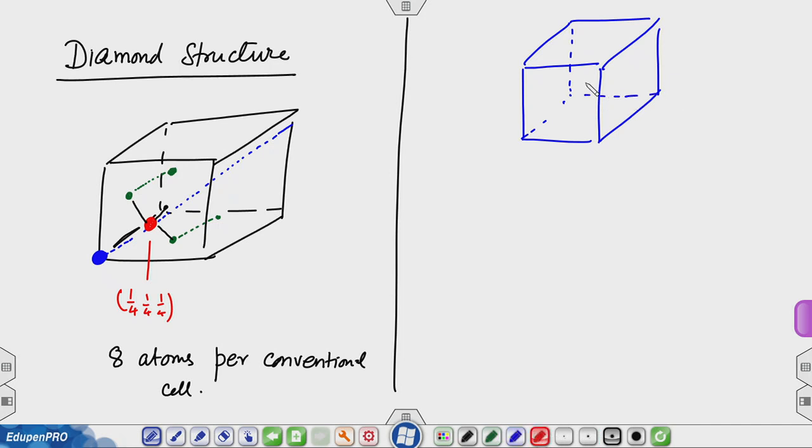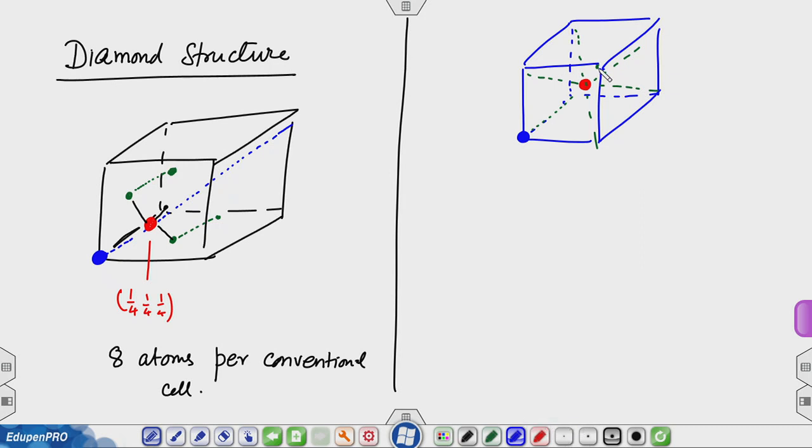There is one at the center, and then you form these body diagonals, all 4 of them. You start with one atom at a corner, and then you go to the alternate diagonal.